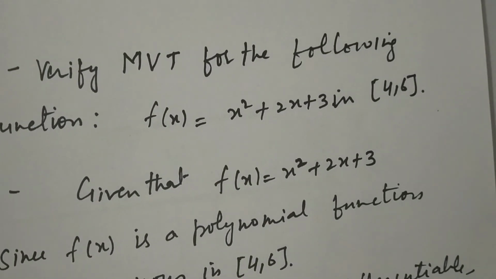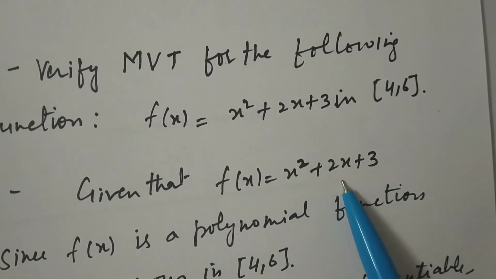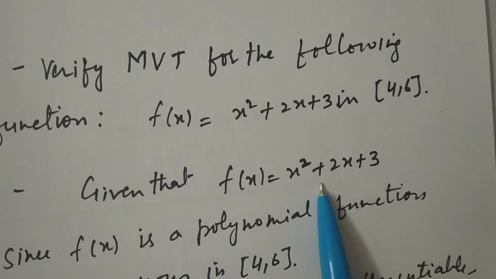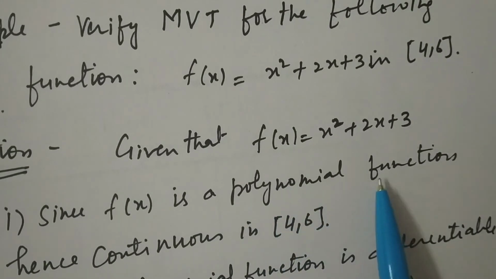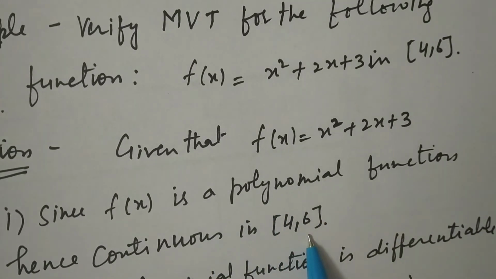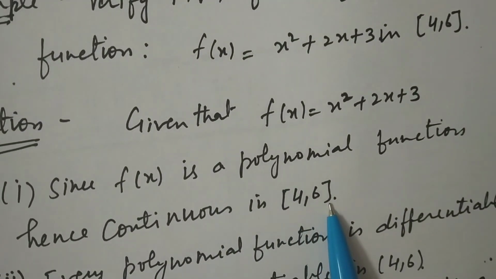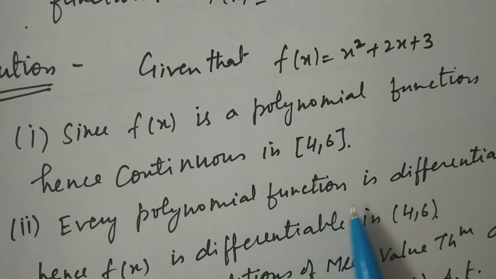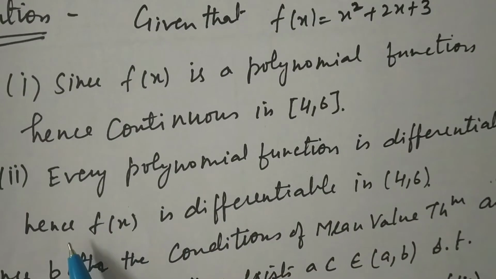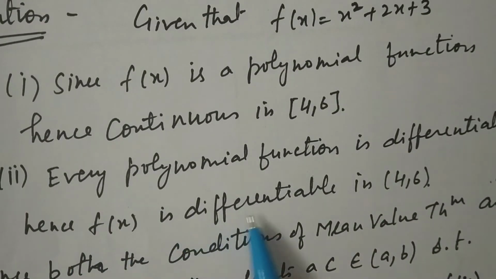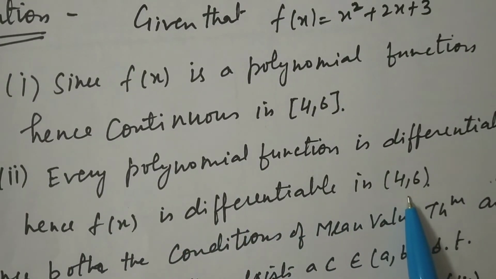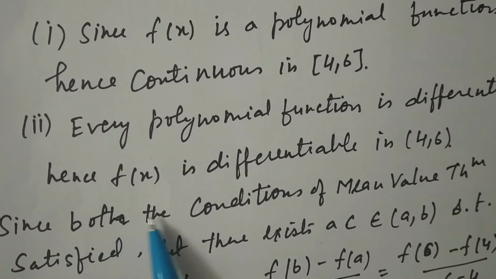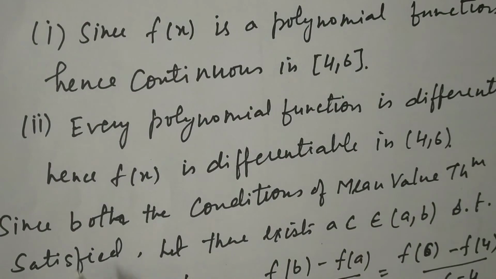We write here: given that f(x) equals x square plus 2x plus 3, and since it is a polynomial function, it will be continuous in the closed interval [4, 6]. Now the second condition: every polynomial function is differentiable, so f(x) is differentiable in the open interval (4, 6). Both the conditions are satisfied.